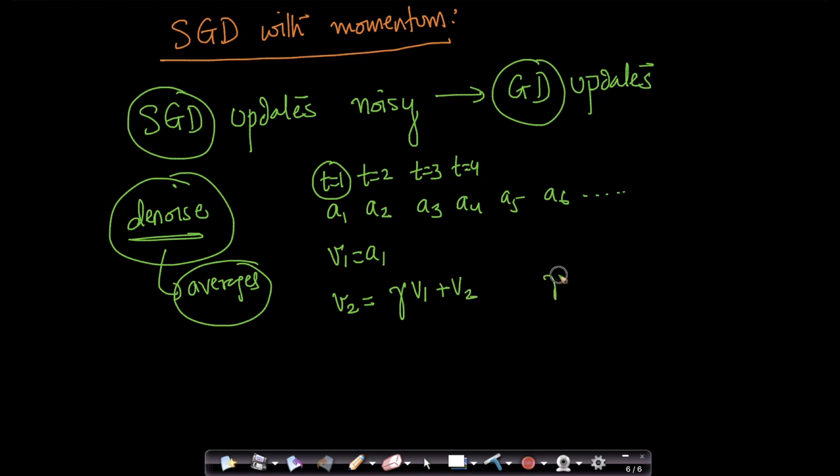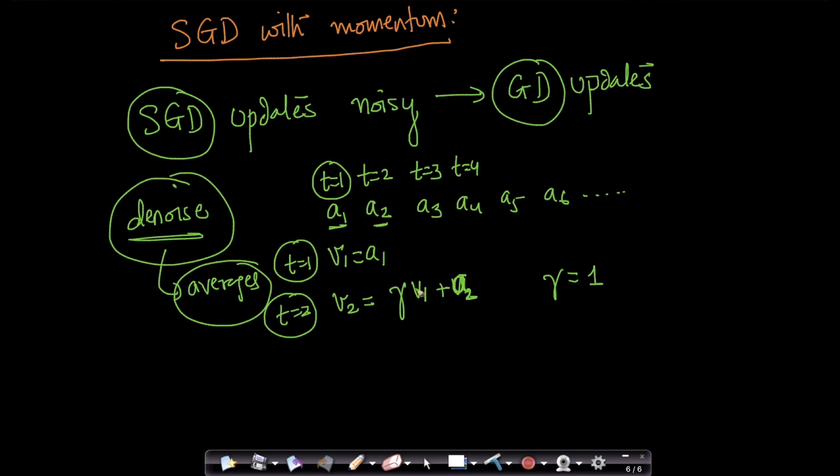Let's assume gamma equals to 1. So at t equals to 1, I have only one value, which is A1, so I'll just use that value. At t equals to 2, I have two values. I've already seen A1 and I'm seeing A2.